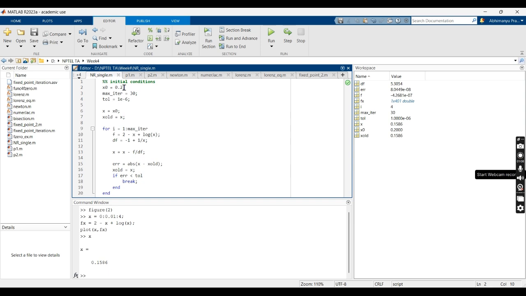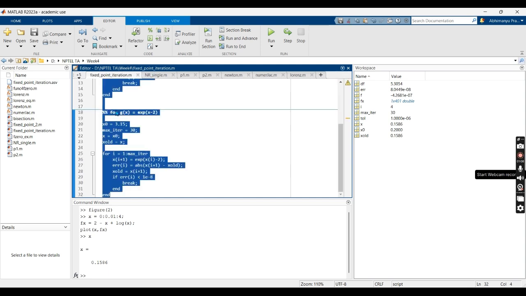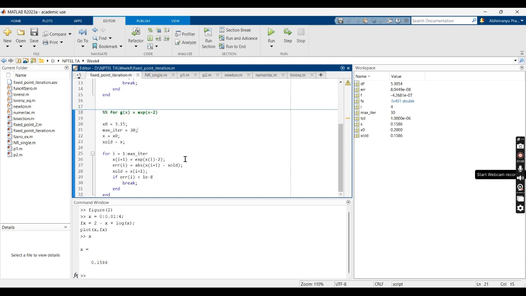Furthermore, for the same initial conditions, we were seeing that this fixed point iteration was converging in more number of iterations compared to Newton-Raphson, right?